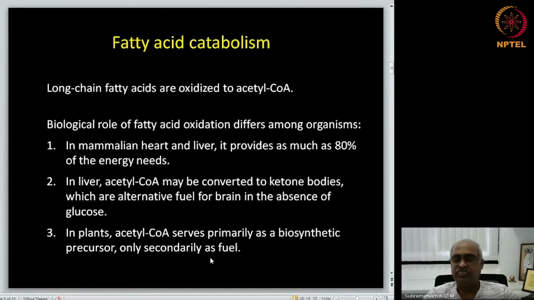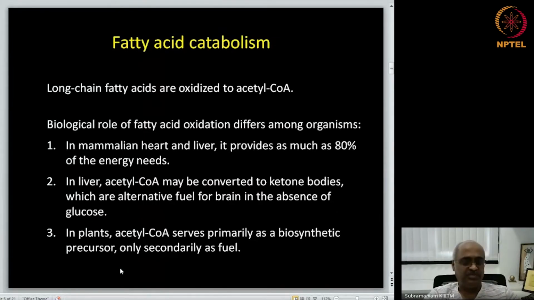They have a central role, second only to carbohydrates, and therefore we will turn our attention to fatty acids for the remaining part of this course, which is only a few lectures. We are going to soon finish the course. So let us focus on fatty acids now.